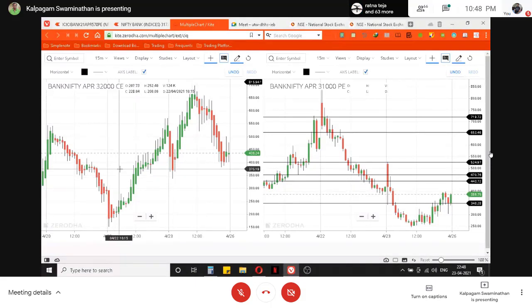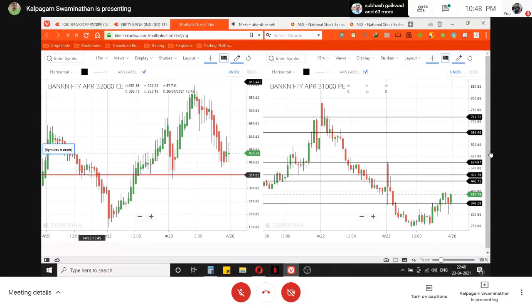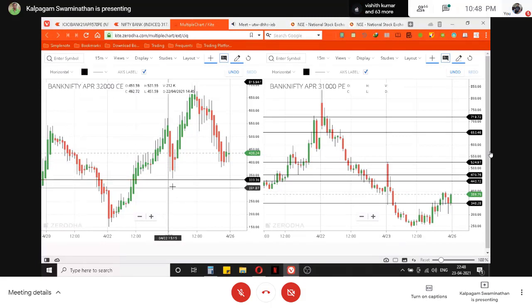Was there a previous area of support here? Yes. This was a support, no? Which was respected by this current day's candle.